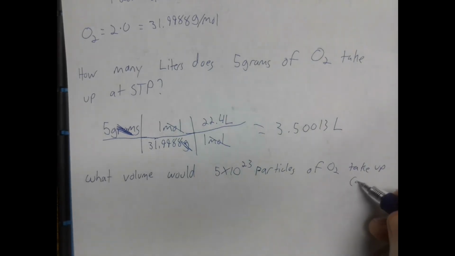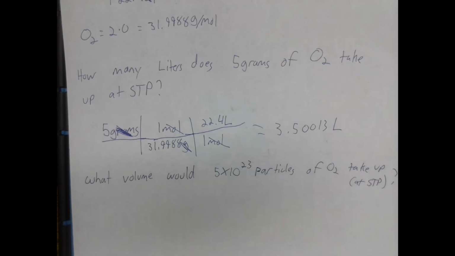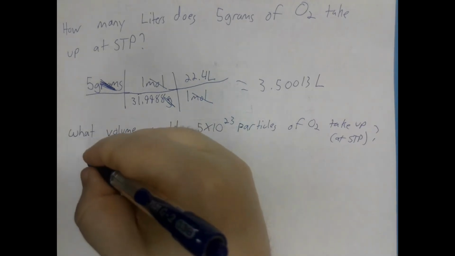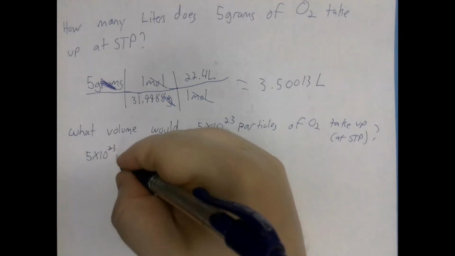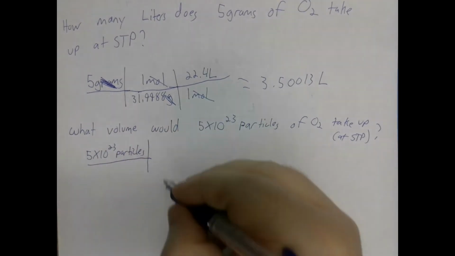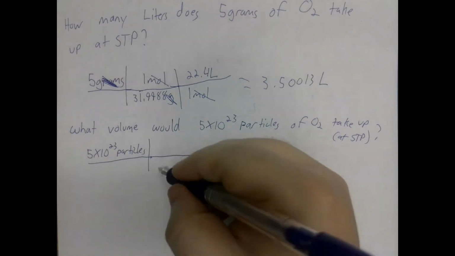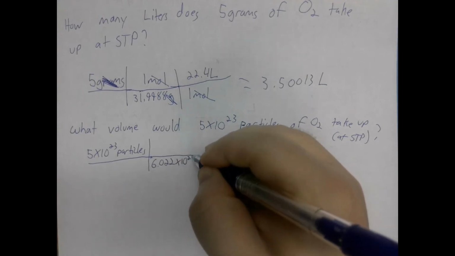And again, at STP. So again, dimensional analysis. 5 times 10 to the 23 particles. What would be our next conversion factor?